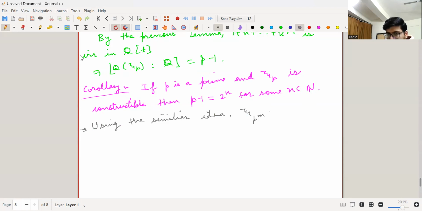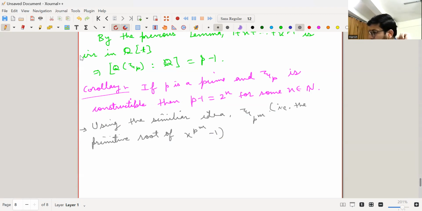So ζ of p^m is a p^m-th root of unity, right? So we have x^(p^m) minus 1. It's a root of, so let me just write, the primitive root of x raised to p^m minus 1, this polynomial, that is, the primitive root of this satisfies.